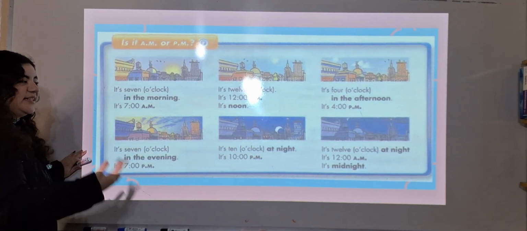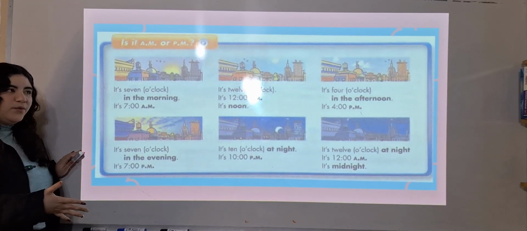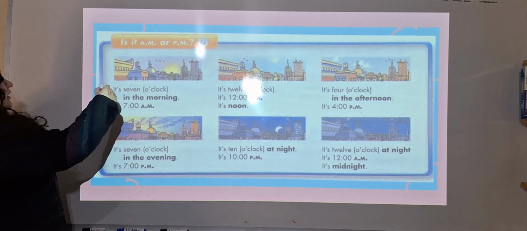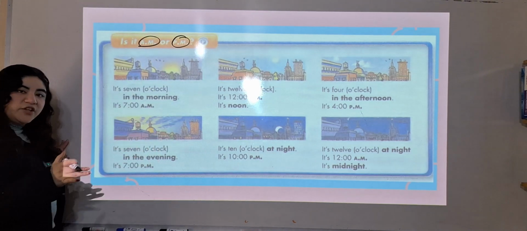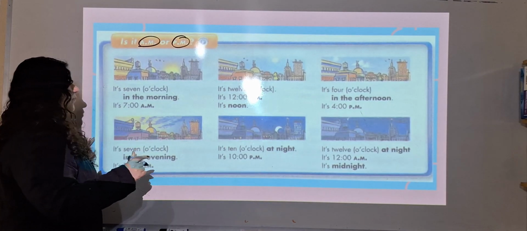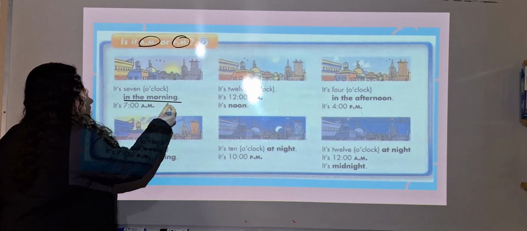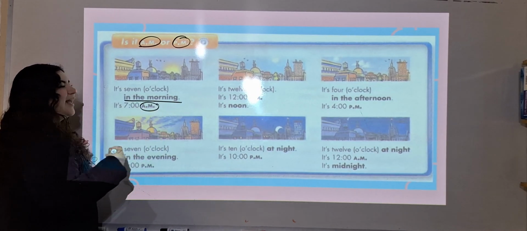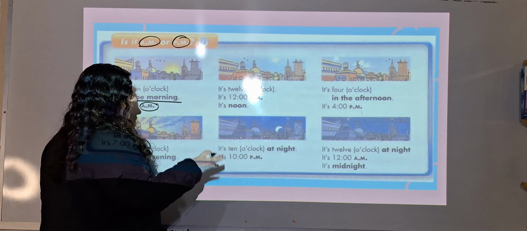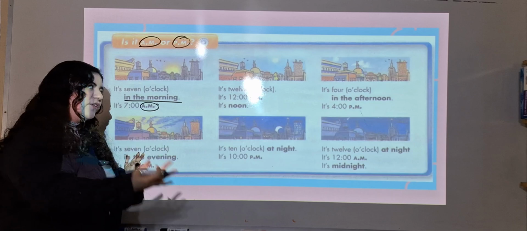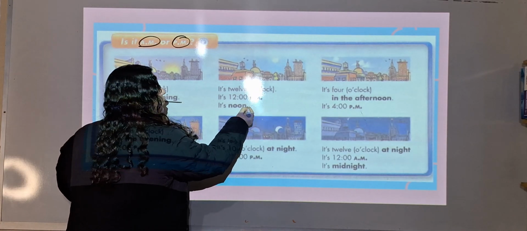Now, when we're telling the time, or we're telling a person the hour, we might divide it into AM or PM, depending on the time of the day. For example, if we are talking about the morning, we're usually going to use AM. Once the clock stops being 11:59 AM, it becomes 12 PM or noon.